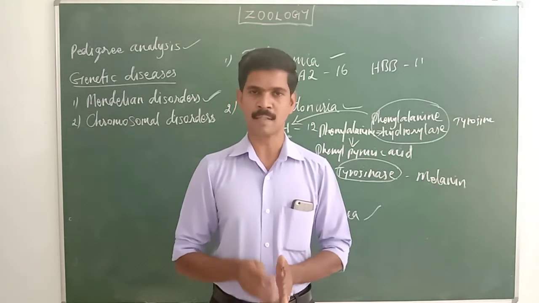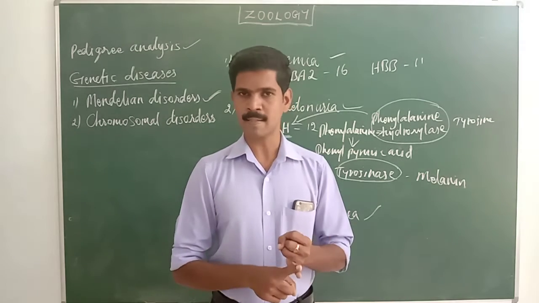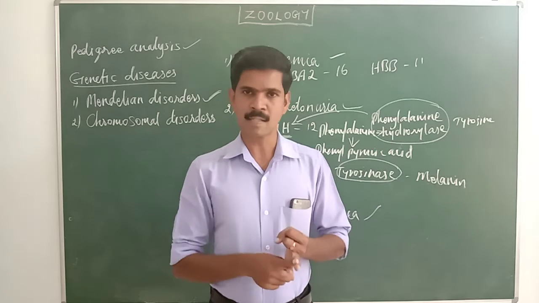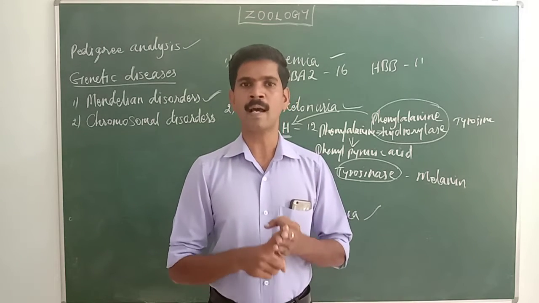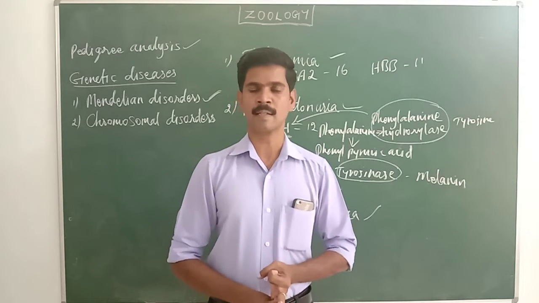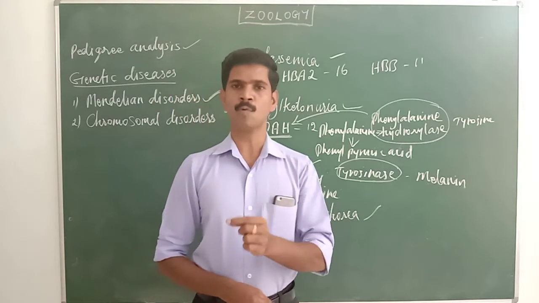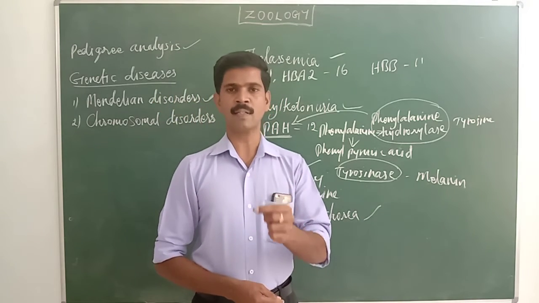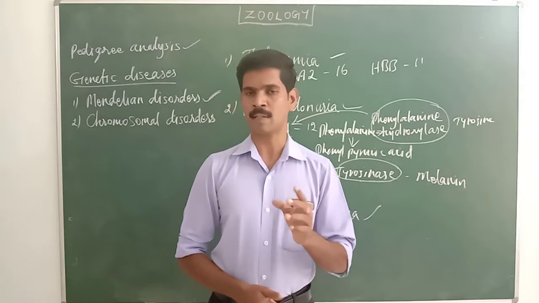So for the affected person, the first character is uncontrolled jerking of body muscles, the second is that the central nervous system is damaged, and the third is physical and mental deterioration. So these are the three main characters of Huntington chorea. And one more question is there: the affected person will die between the age of 35 to 40.